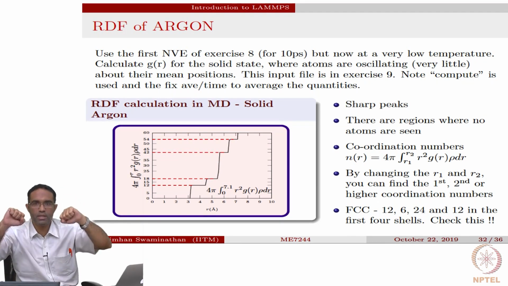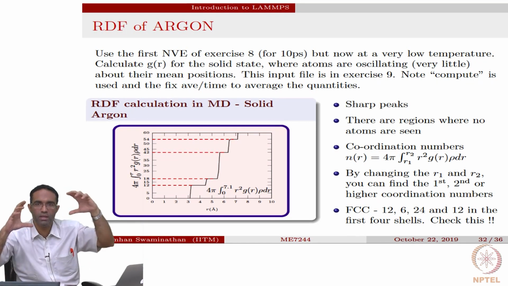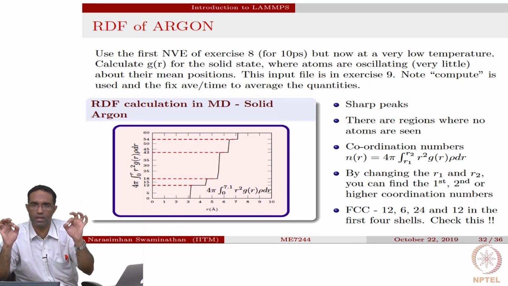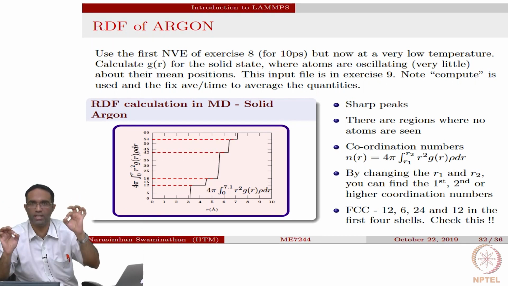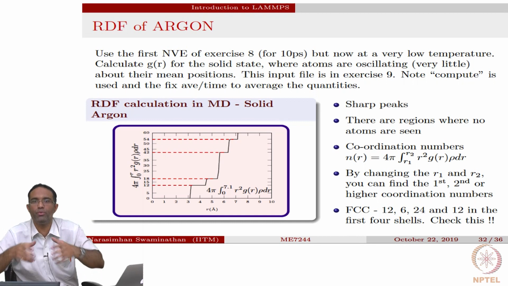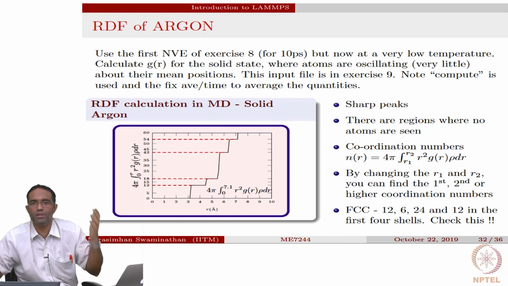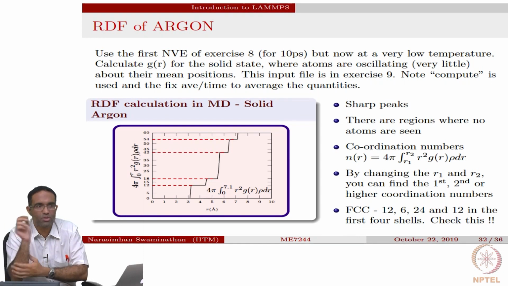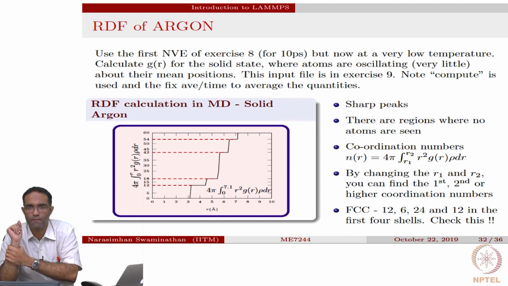So at every single shot, the atoms are not exactly in the FCC positions. There may be minor deviations because they are oscillating. So if you really want to see the FCC structure, you have to average over time as well, so that you can see that it is still a solid, with the atoms just vibrating about their mean positions.